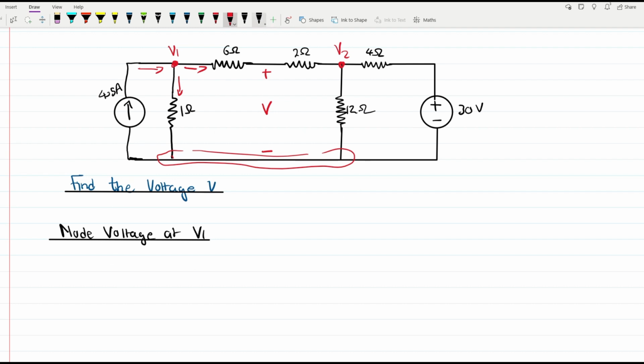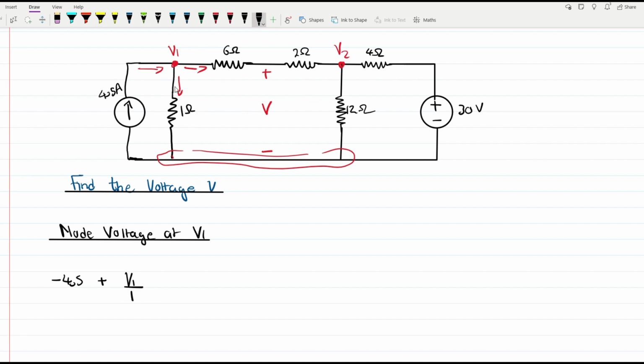So what we're going to do right here, we're going to say the incoming current is 4.5 amperes. So we're going to have negative 4.5 plus this current that goes out. So we're going to have plus, because it's going out, we say it's positive, V1 divided by that resistor over there.